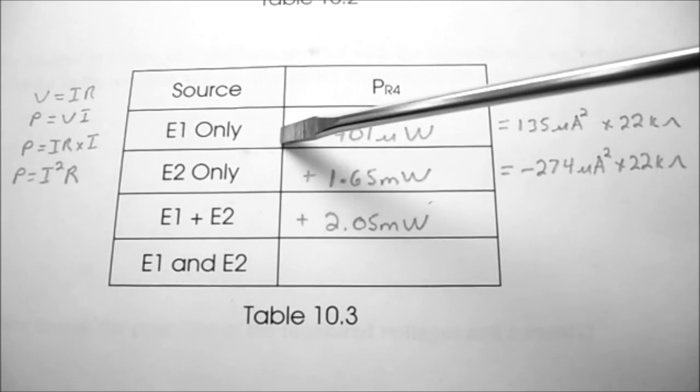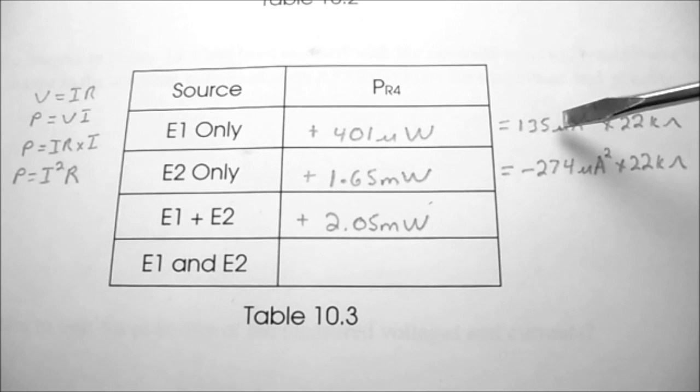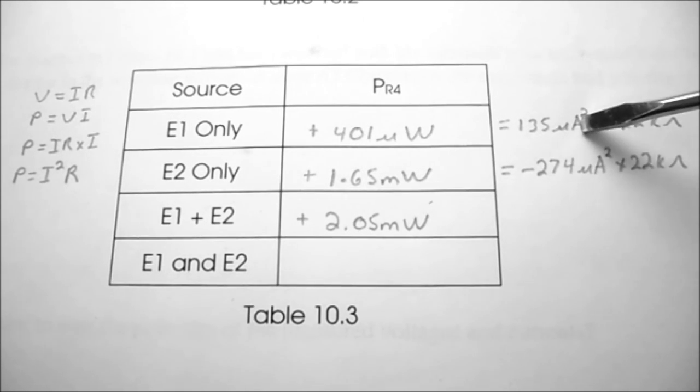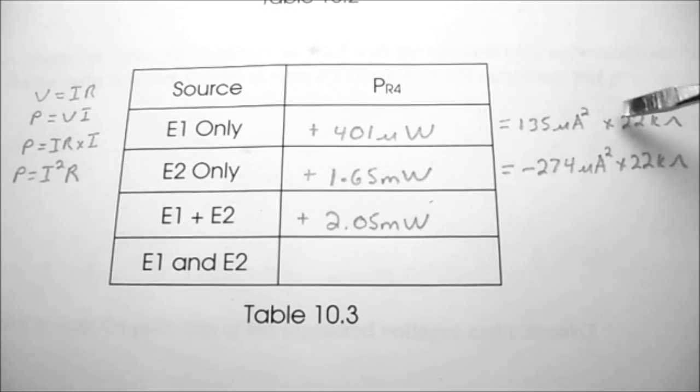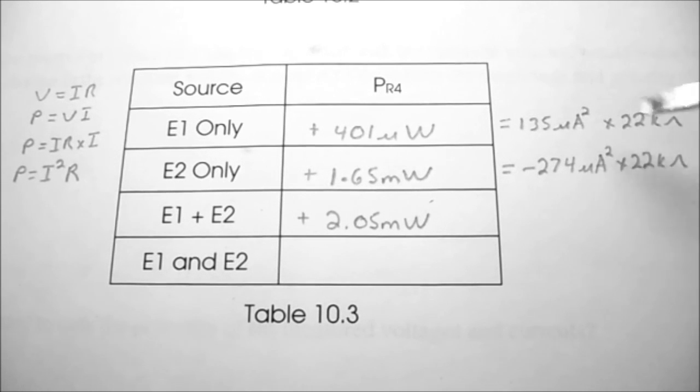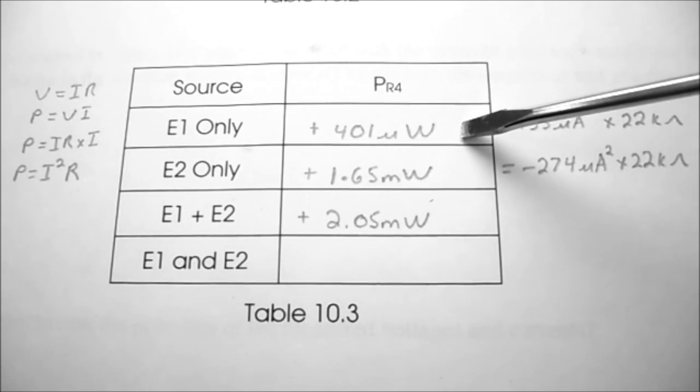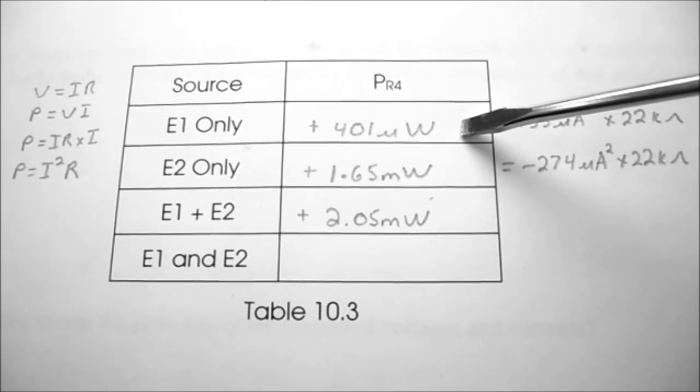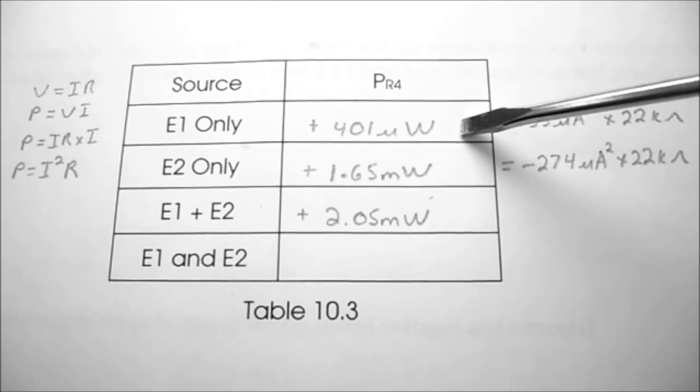So for E1 only, we take 135 microamps squared times 22 k ohms, and that's equal to 401 microwatts.